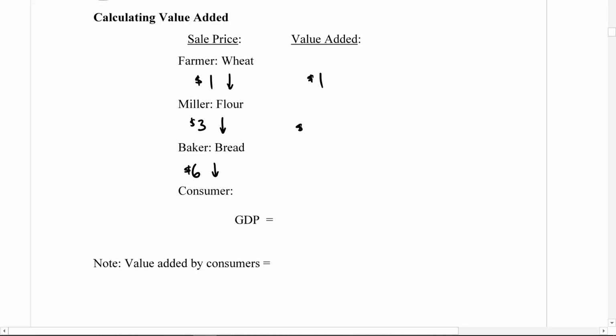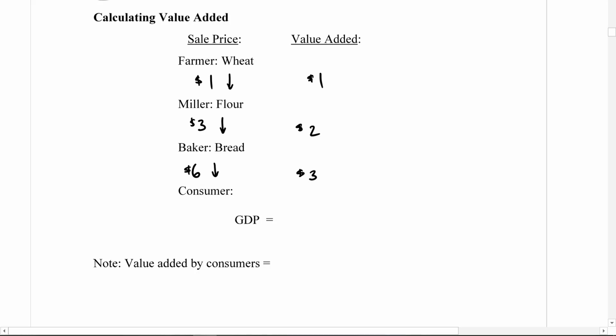And so they added $2, right? Just 3 minus 1. So they added $2 of value. And then similarly, the baker takes the flour, turns it into bread. And the final good, the bread costing $6, the baker contributed 3 value added dollars to that process.